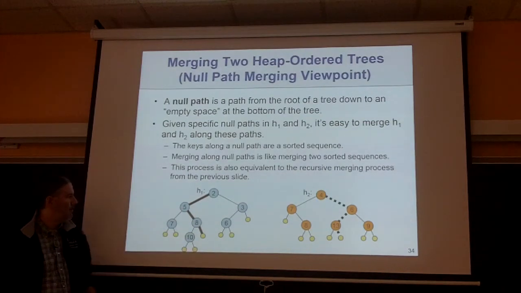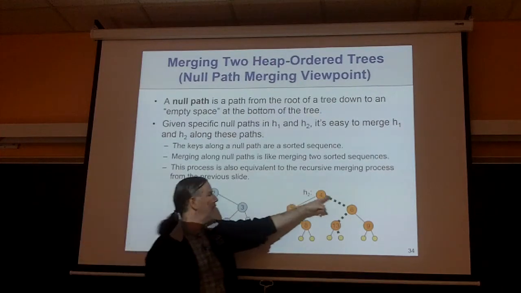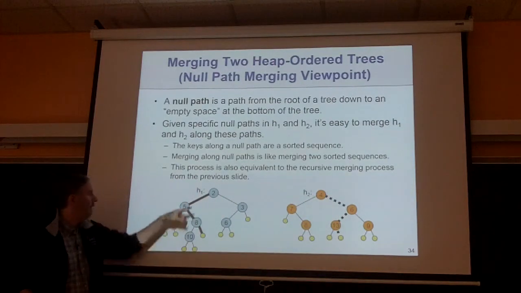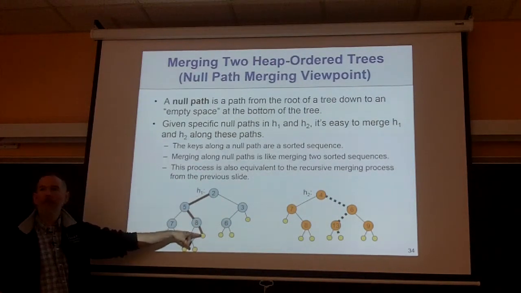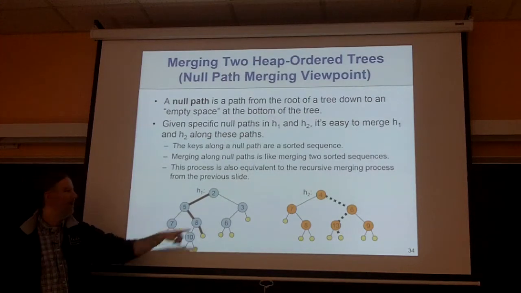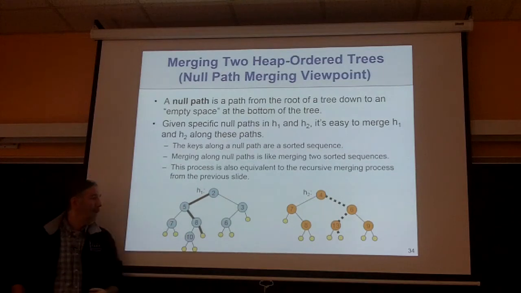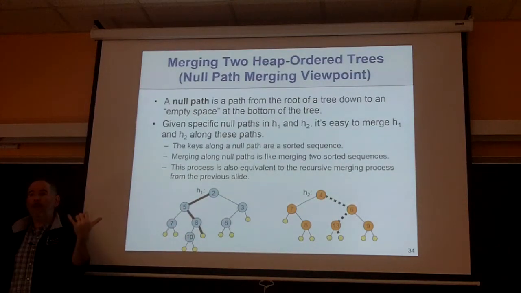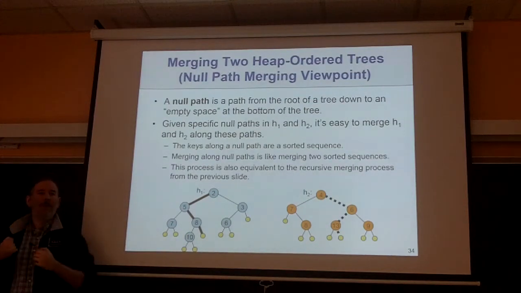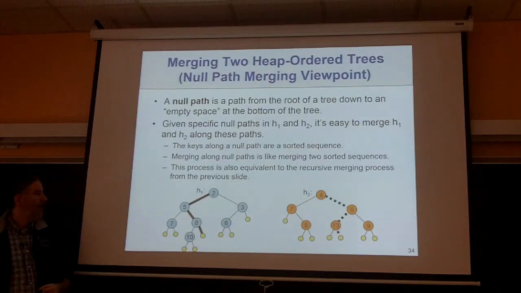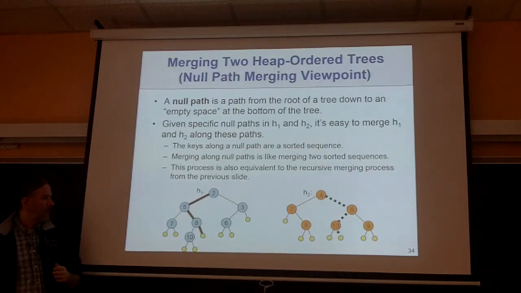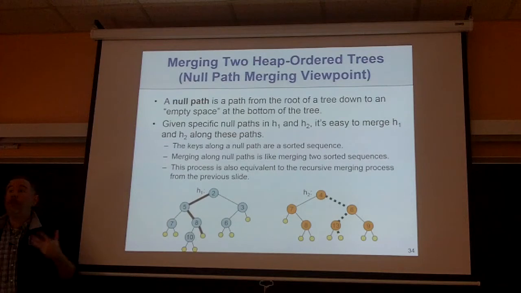What are these null paths? If nothing else, they are sorted sequences, thanks to the heap property. I've got a sorted sequence here and a sorted sequence here, and what do I do with two sorted sequences? I want to merge them.